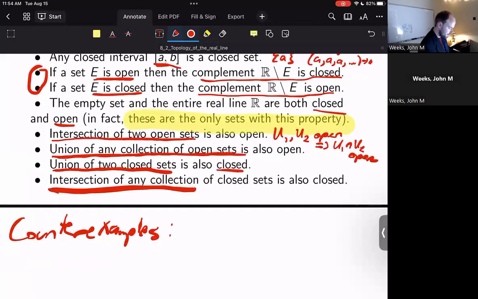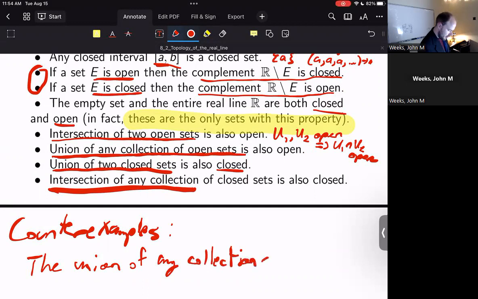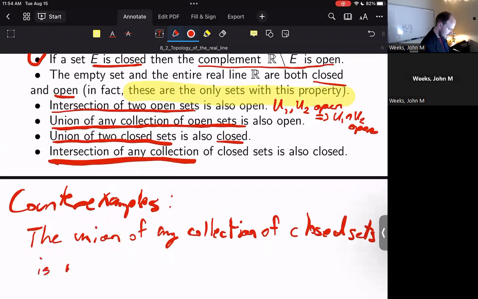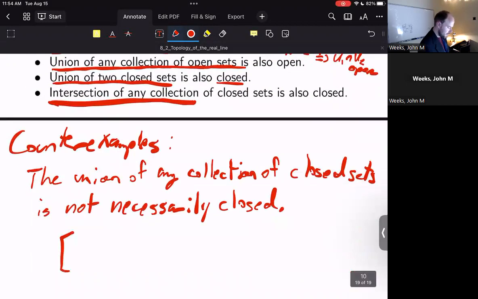Let's show the union of any collection of closed sets is not necessarily closed. The example that I want to use for this one is something like this: let's use the interval from 1 over n to 1 minus 1 over n.